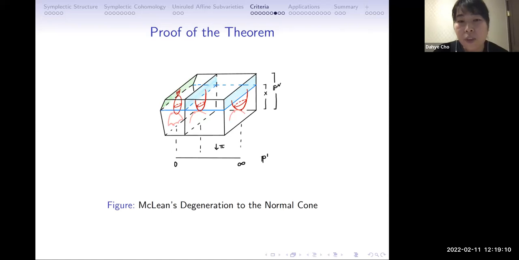This is a cartoon picture. This is like a P^N. Consider we compactify the affine variety M into X with an ample divisor D, and so X intersected with P^(N-1) is exactly the divisor. The blue line says the divisor.